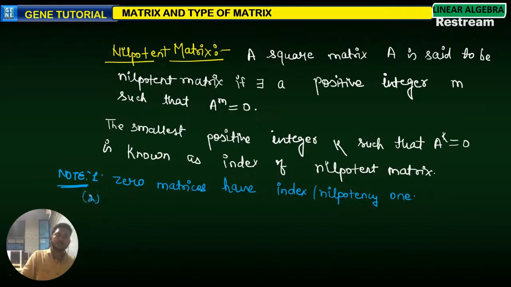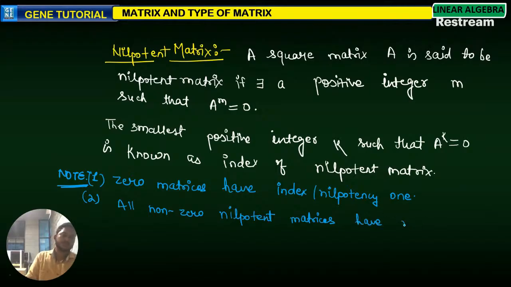And point number 2 is: all non-zero nilpotent matrices have nilpotency greater than or equal to 2.